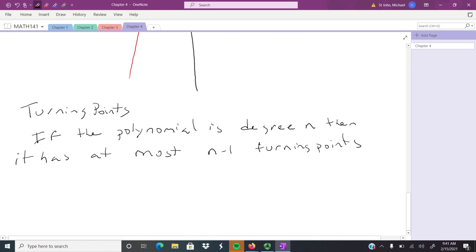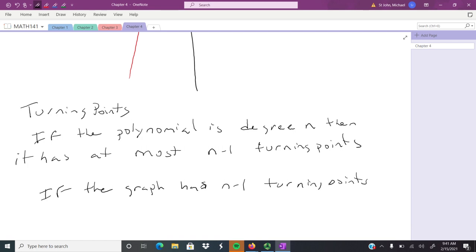Okay. And then if the graph has n minus 1 turning points, then the degree is at least n.